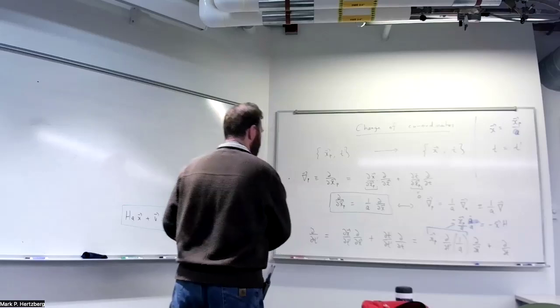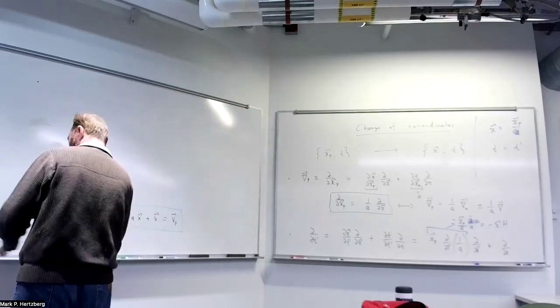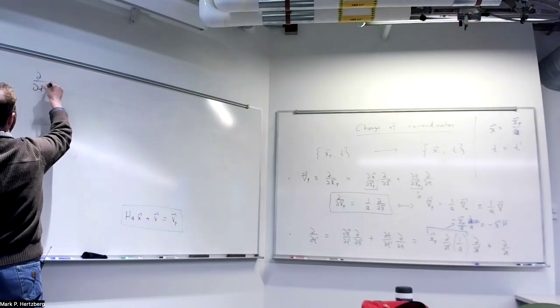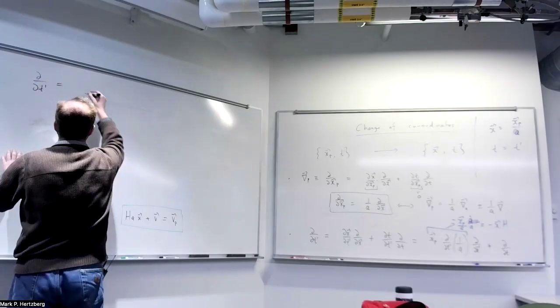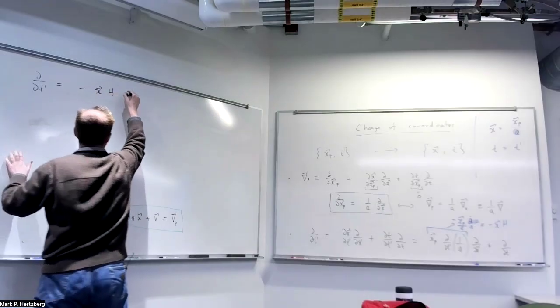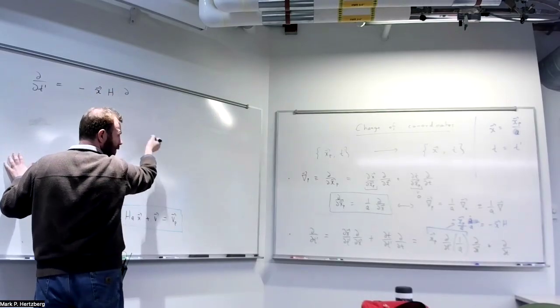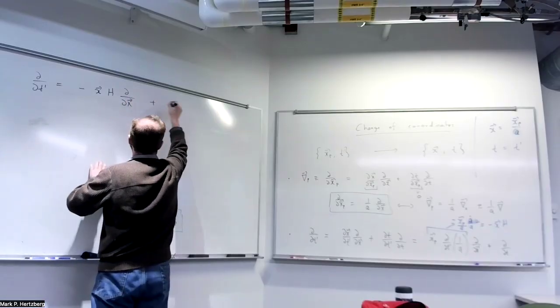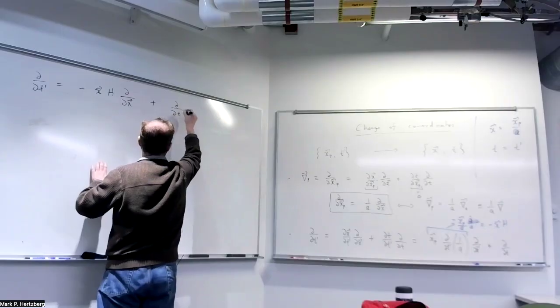So let us summarize. We just learned that d dt prime is minus x H d dx plus d dt prime, d dt.